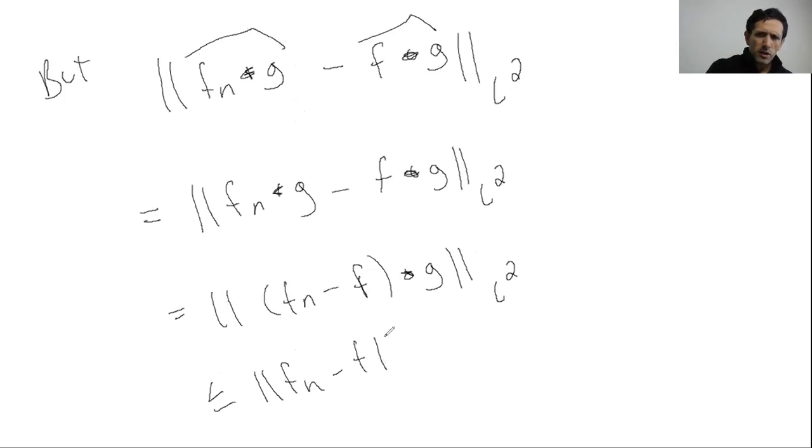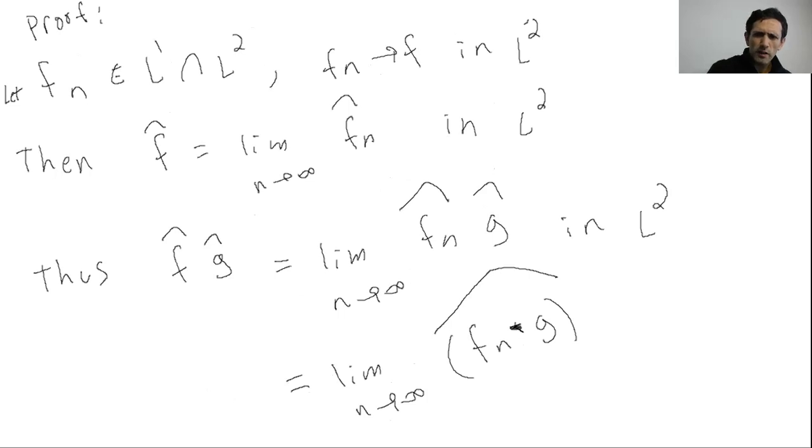So this is the L^2 norm of f_n minus f times the L^1 norm of g, by Young's inequality. As n goes to infinity, this converges to 0. So the Fourier transform of f_n convolved with g converges to the Fourier transform of f convolved with g.